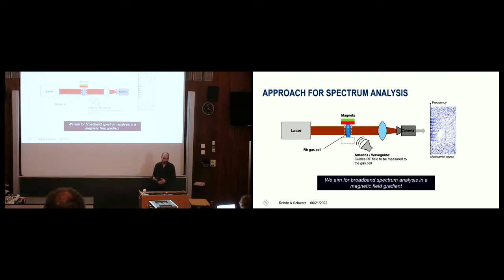And removing one of the magnets, it turns the homogeneous magnetic field into an inhomogeneous one. So we have a spatially dependent resonant frequency in the rubidium atoms along one axis of the cell.